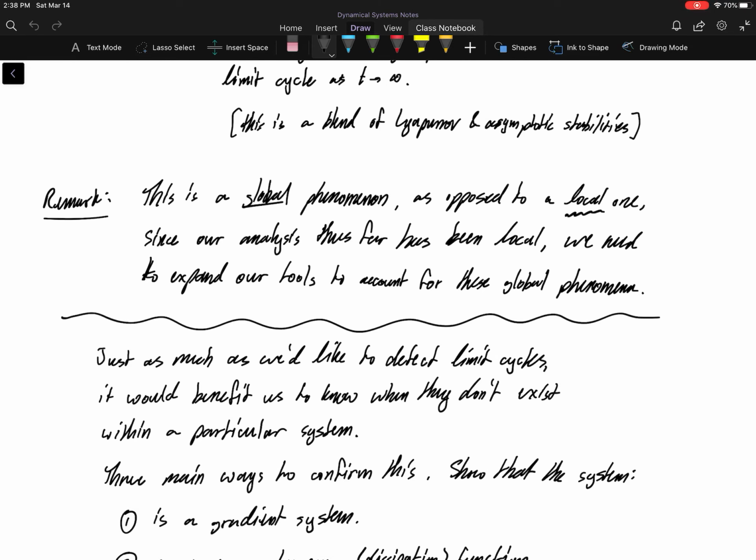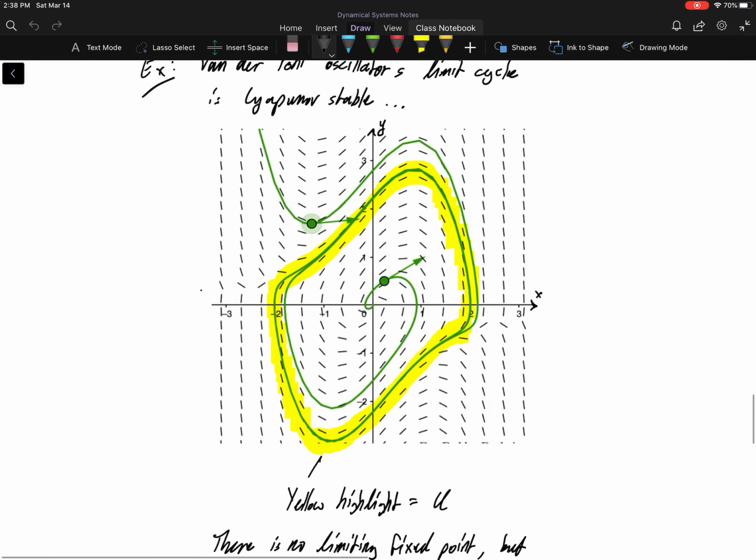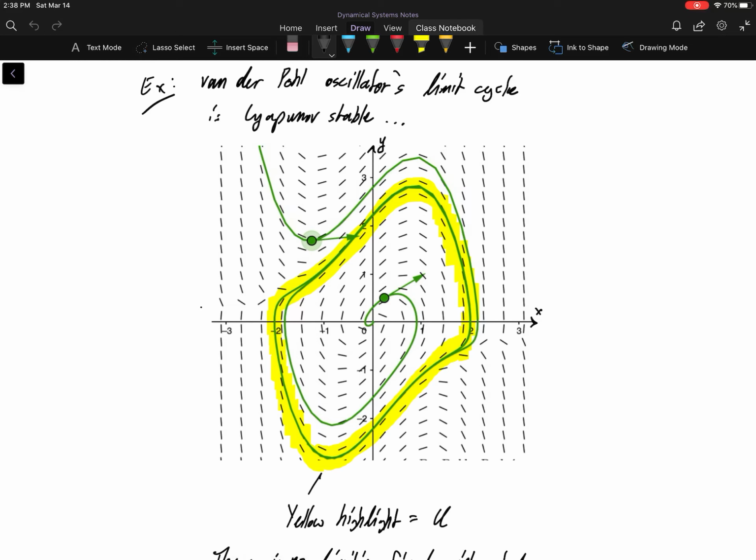So far, all of our techniques have been for local phenomena, except for what we did in 6.5 and 6.7. But up until then, everything we did was local. And now that we have this idea that a periodic orbit here is not a point, we can't zoom in around that cycle with a disk-like open set, right?